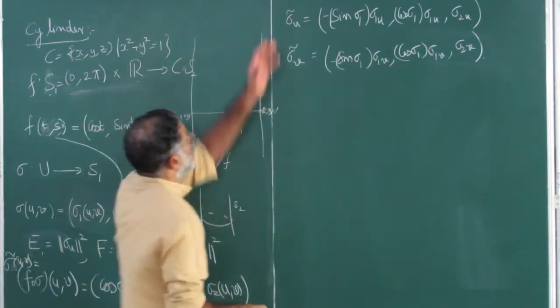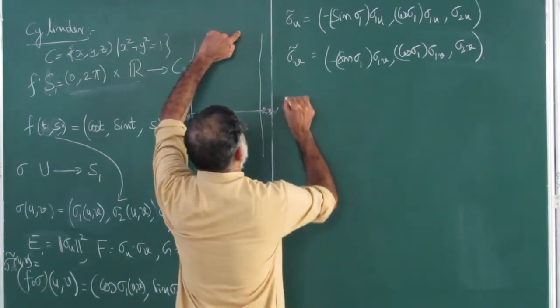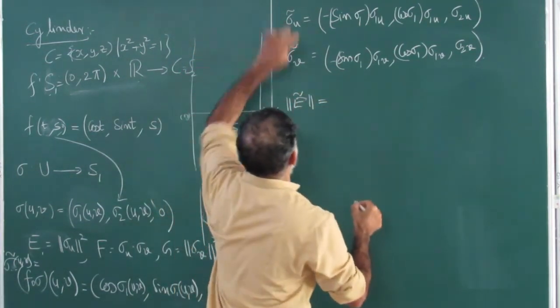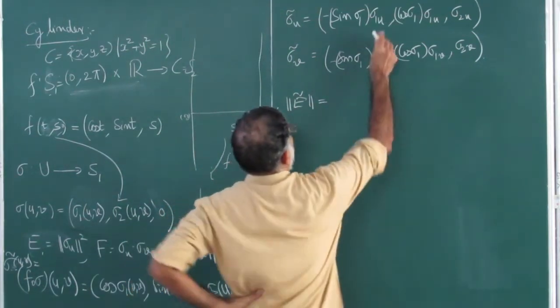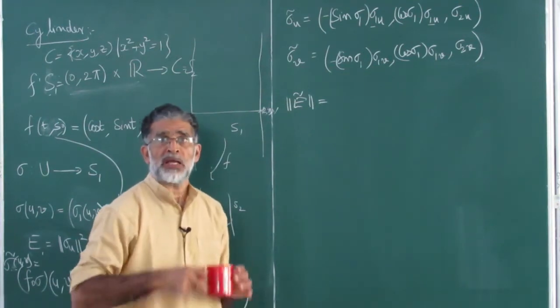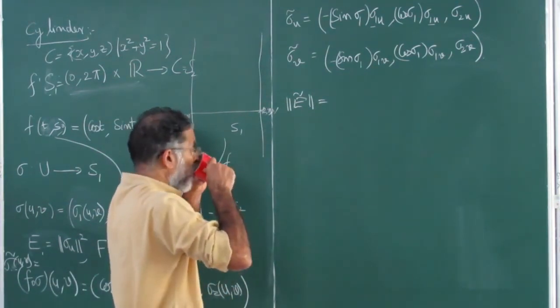Okay, so let us now do it. What is E tilde? E tilde is the norm of this. These are all real valued now because the coordinate functions are real valued, so it's easy to compute.